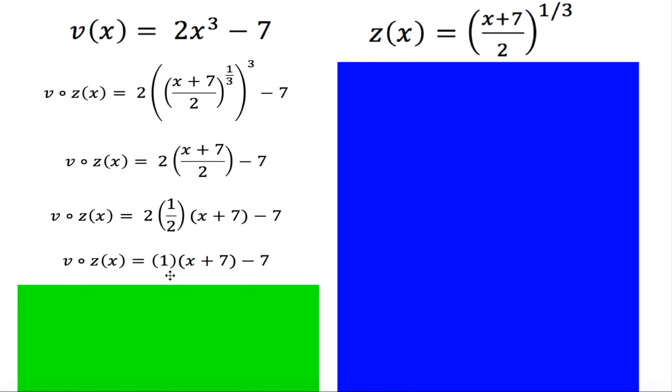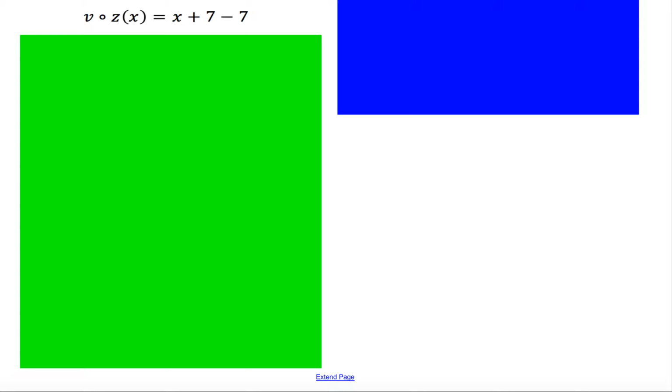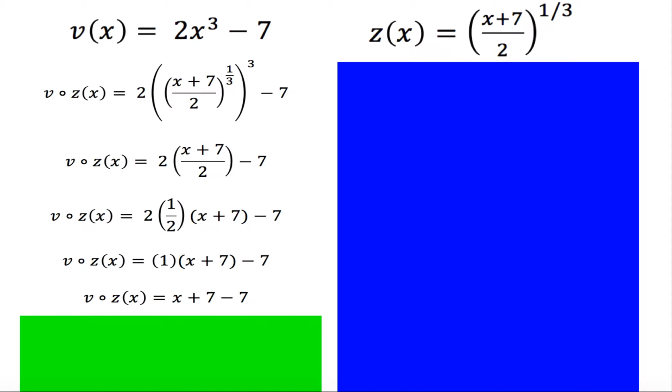So now we're here with 1 times x plus 7 minus 7. We're multiplying x plus 7 by 1. Well, this is the identity. We know it does not change our outcome. So if I multiply something by 1, I'm going to get the same thing back. And so we know here that x plus 7 minus 7 is equivalent.